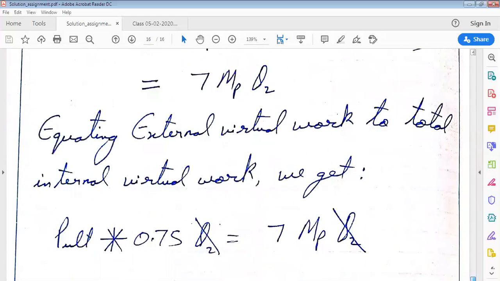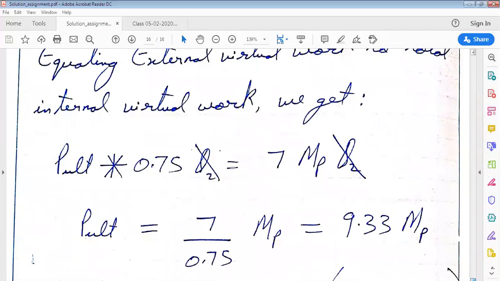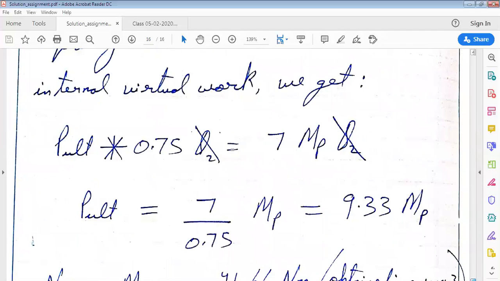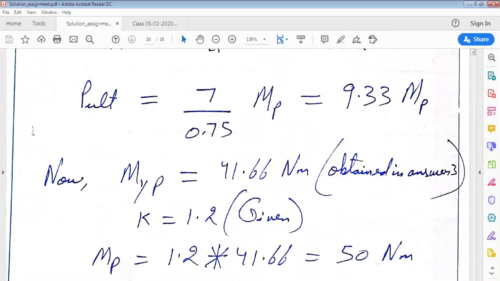Equating external virtual work to total internal virtual work, we get P ultimate into 0.75 theta 2, that is equal to 7 MP into theta 2. So this gives us P ultimate equal to 7 divided by 0.75 into MP, that is equal to 9.33 MP.